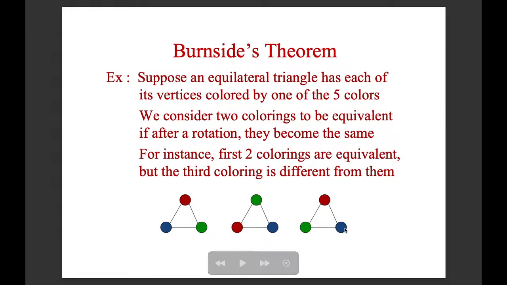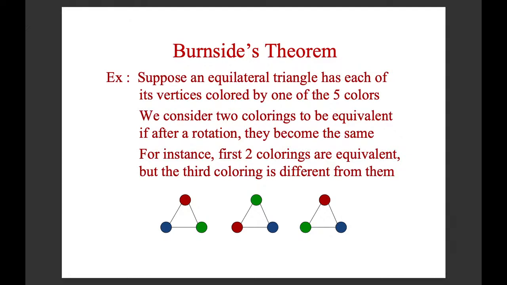Now altogether, how many possible colorings are there if we don't count things that are the same? How many possible ways are there to color the triangle? Because there are 3 vertices on a triangle, and each vertex we can color in 5 colors, there are altogether 5 to the power 3 different colorings.